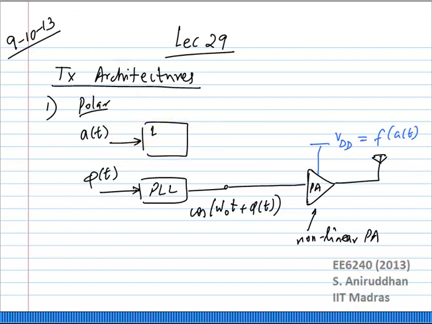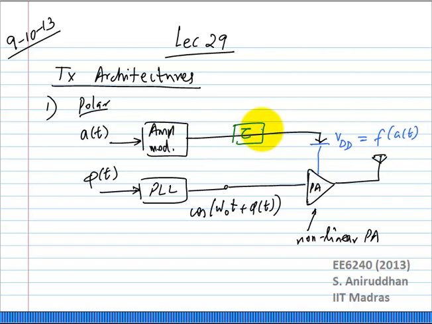I'll just call it the modulator. I'm going to apply that to the supply. Now the thing to remember is that if you have a delay in either the envelope path or the phase path which is not matched, so let us say you had some delay tau here, then the output signal is no longer what you wanted.